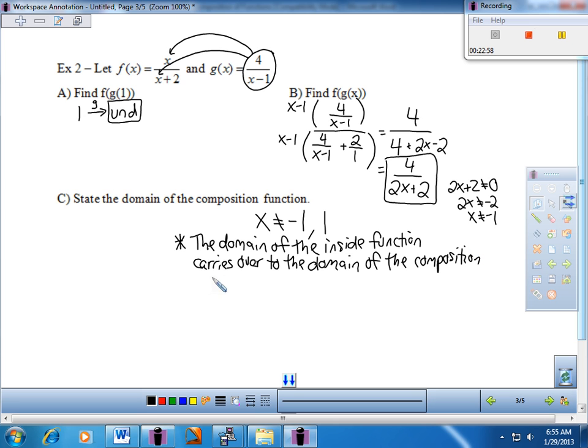Okay. Because the inside function was used to create the composition function.